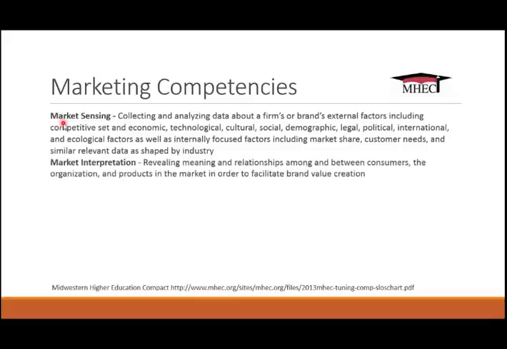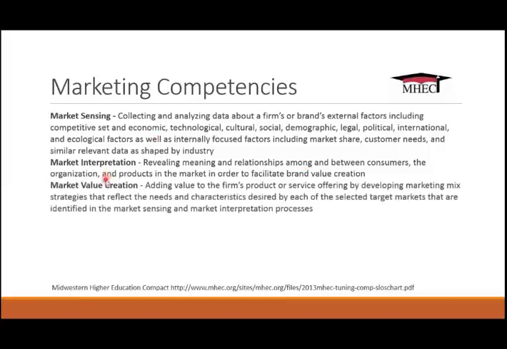The next major competency of marketers is to then interpret that market so that we can see the meaning and the relationships between consumers and our organizations and our products so that we can facilitate that value creation we talked about earlier in the definition of marketing.